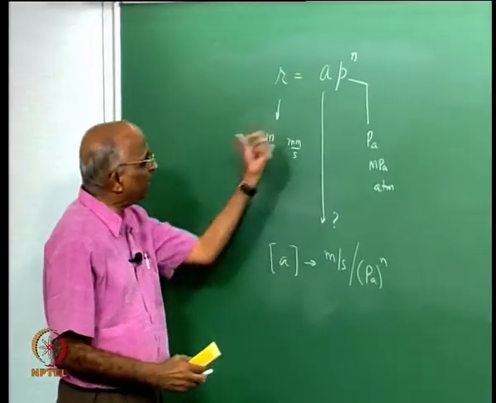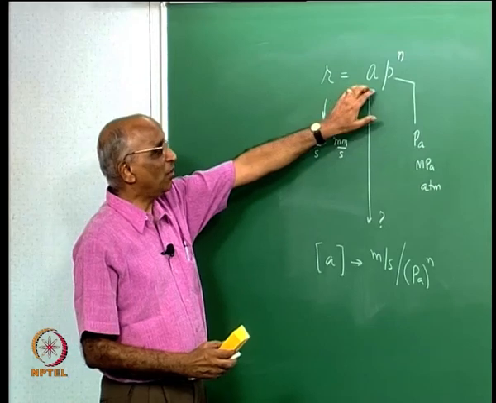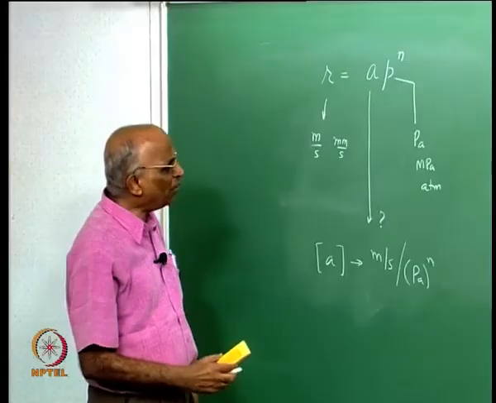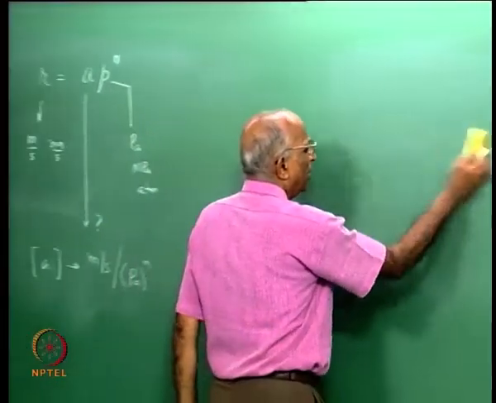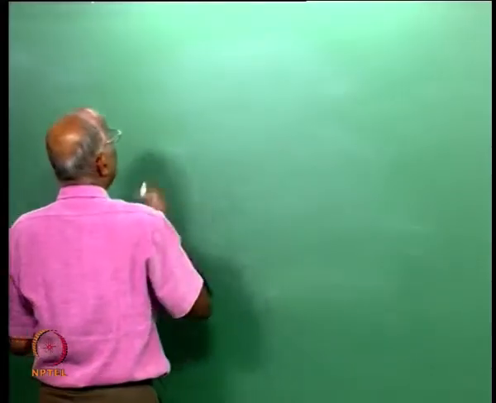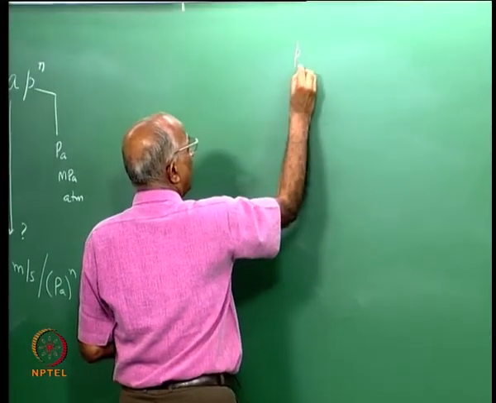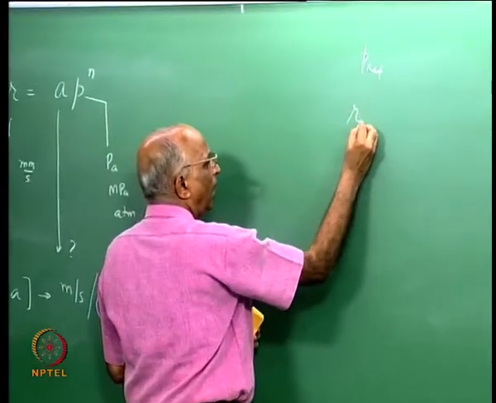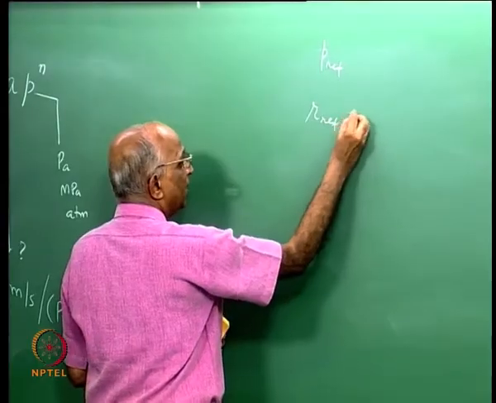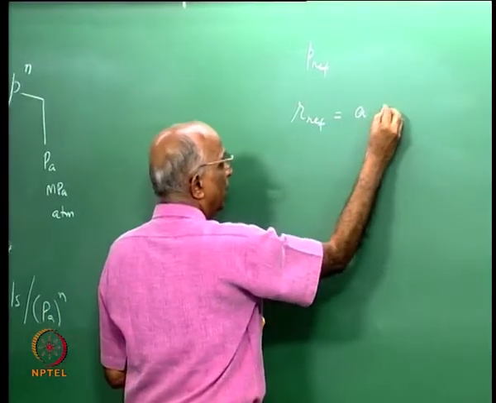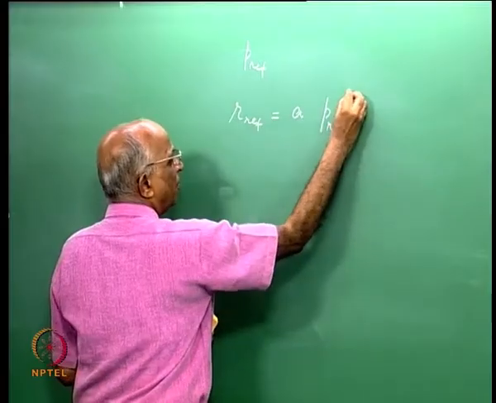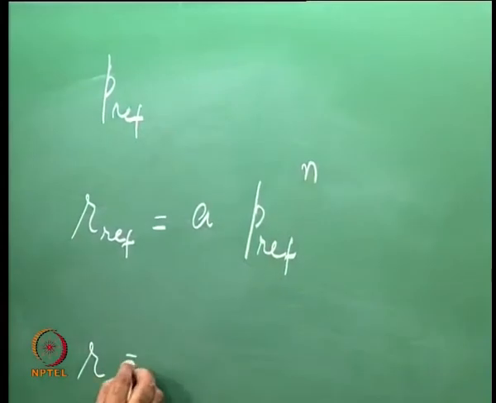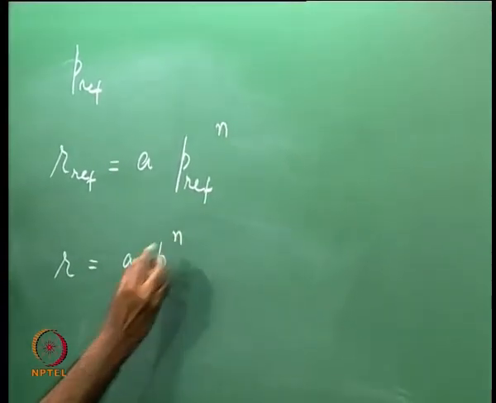Therefore, how do I get over this problem? Anyway St. Robert's law, and the form of equation we derived, is found to be true. Well, let us say I use a pressure I call the reference pressure, and I evaluate the burn rate R reference at this value as a into P reference to the power n, and then I am interested in burn rate R at a into pressure to the power n.